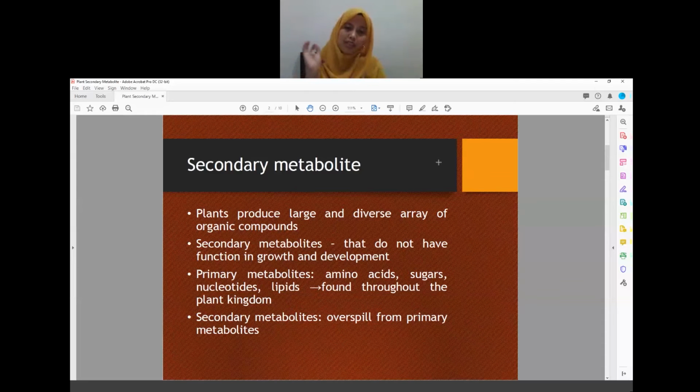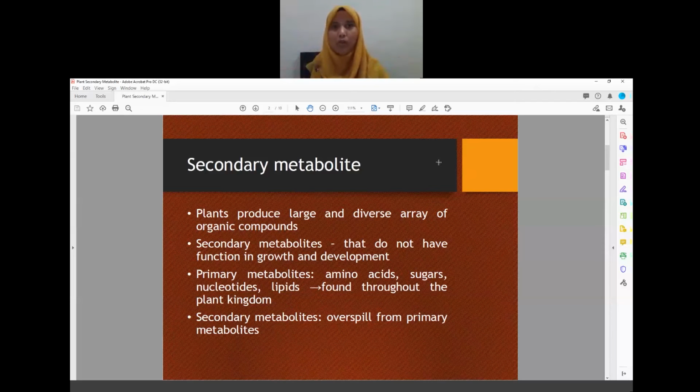Kossel, this German biochemist, looked inside the chromosome and found out that nucleic acid is composed of five nitrogen bases. If you still remember, they are adenine, cytosine, guanine, thymine, and uracil. Please read further: in DNA we have four, and in RNA we have four.